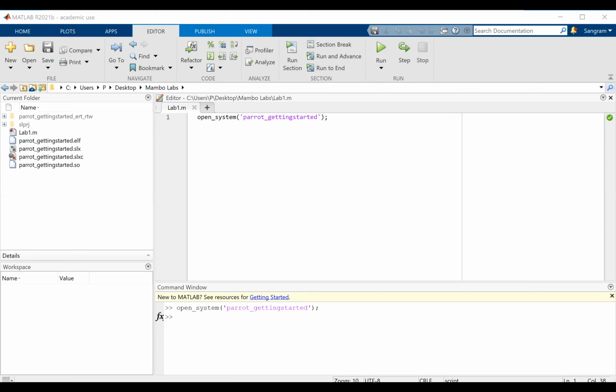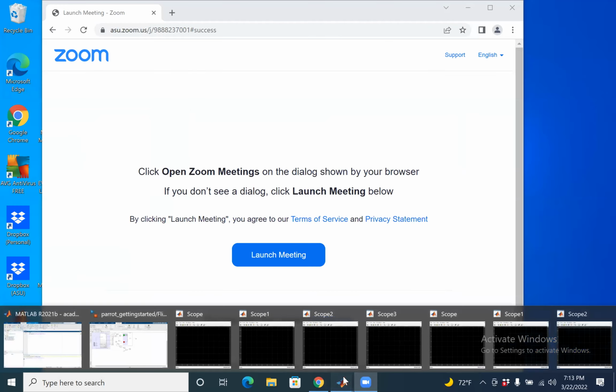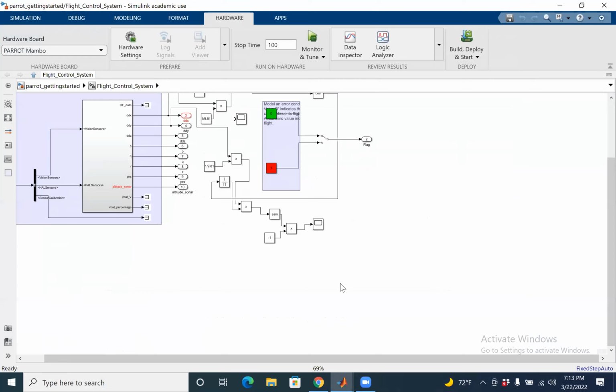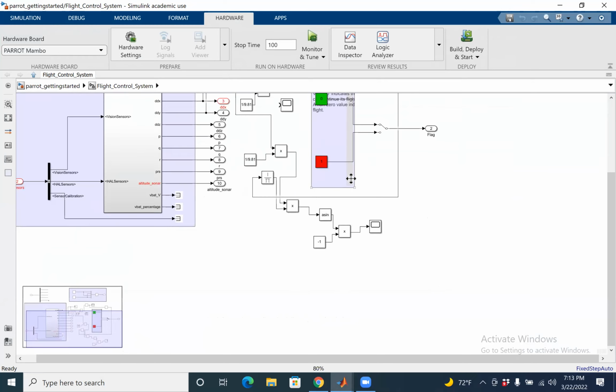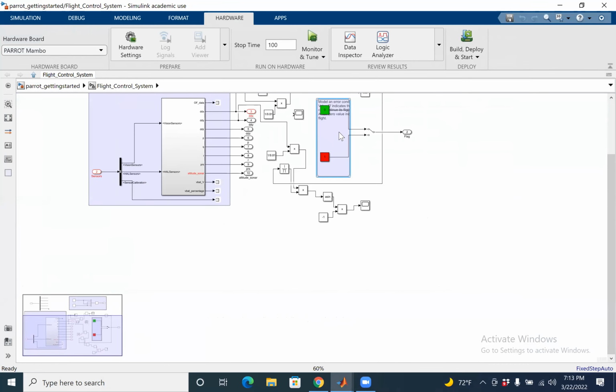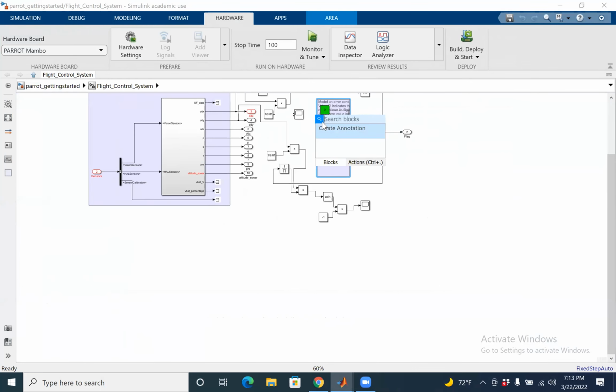Okay, what I need to do is share the whole screen. Now, are you able to see the blocks? Okay. Implement the complementary filter using the gyros and accelerometers, and first get it working. Once you get it working, then you want to go to the motor mixing block.